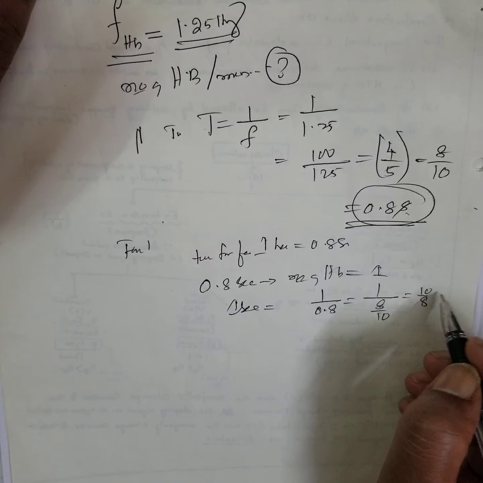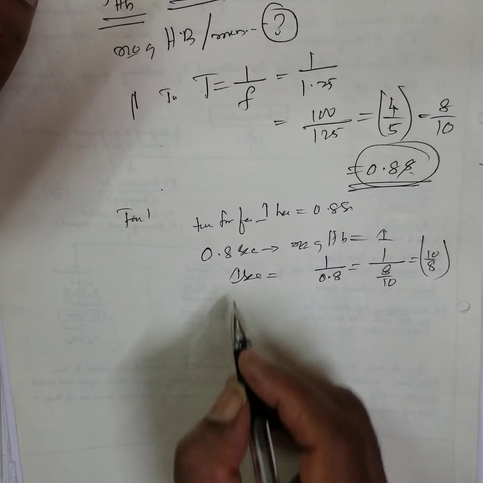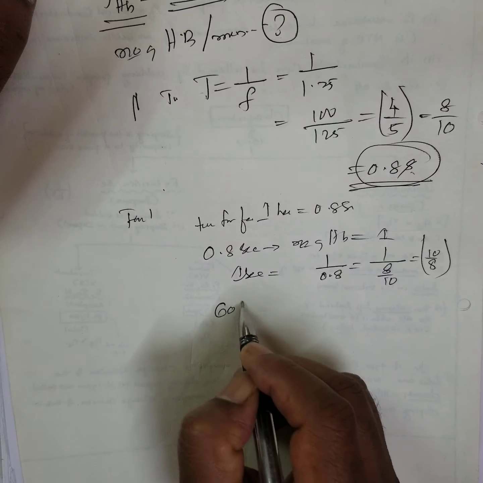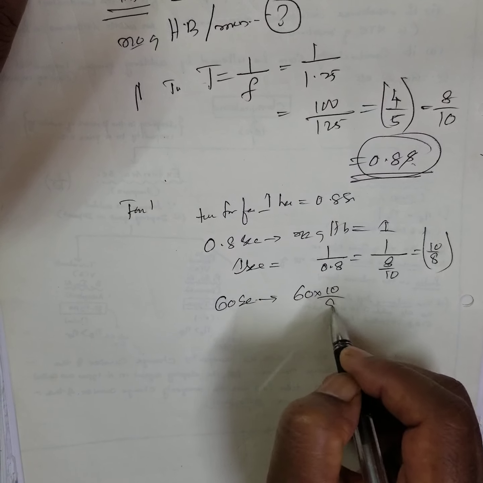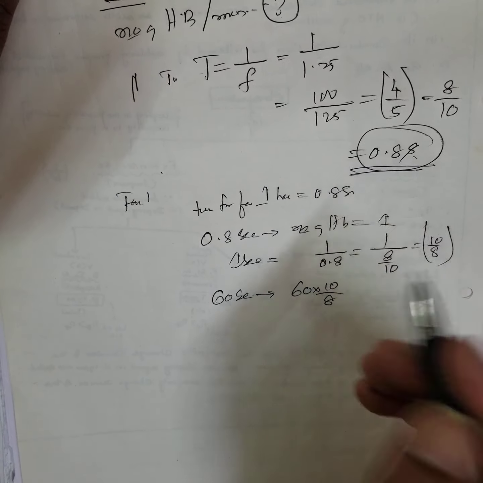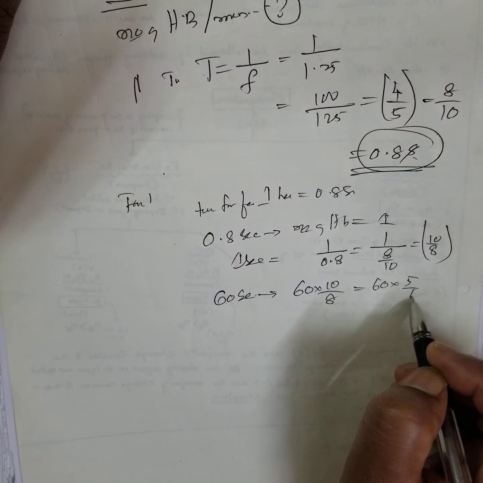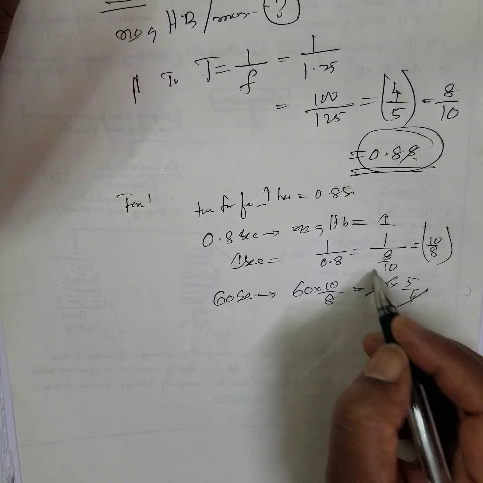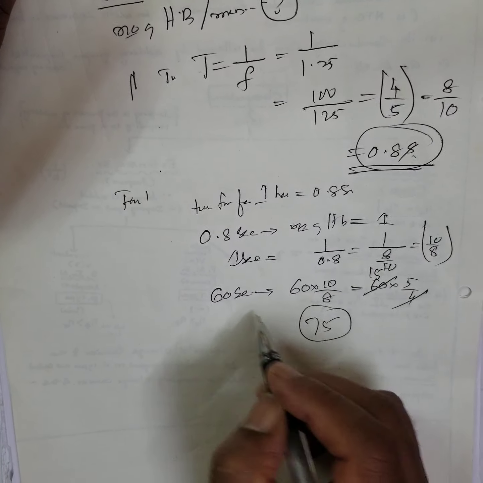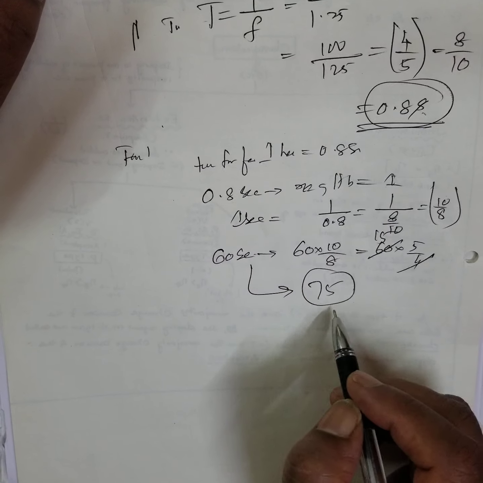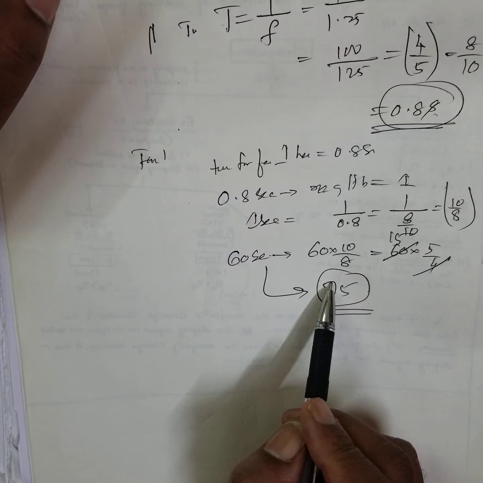Like this also you can do it. Why am I making 10 a round figure? Easy to calculate. In 60 seconds, how much? 60 into 10 by 8, or 60 into 5 by 4. That is 15 times 5, which is 75. Therefore, the correct answer is that the number of heartbeats is 75.